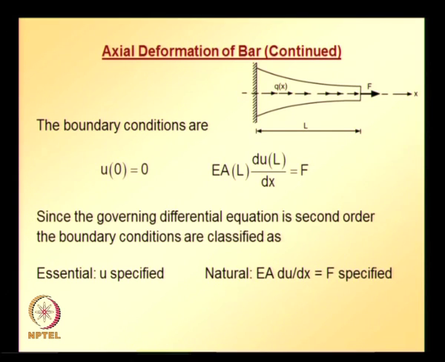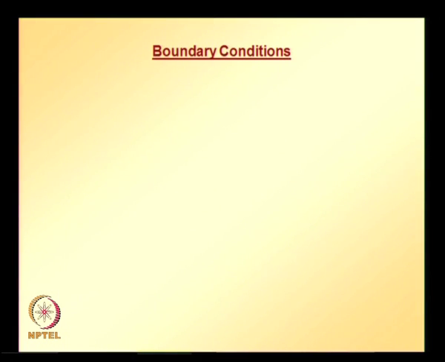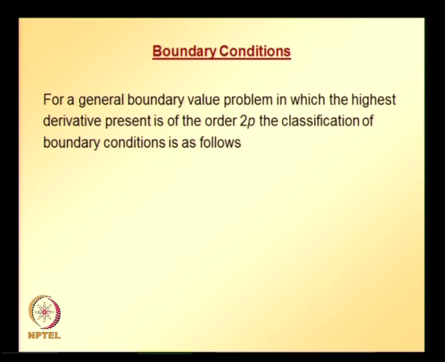So, for a general boundary value problem of order 2p, how do we classify these boundary conditions? For a general boundary value problem in which the highest derivative present is of order 2p, the classification of boundary conditions is as follows.